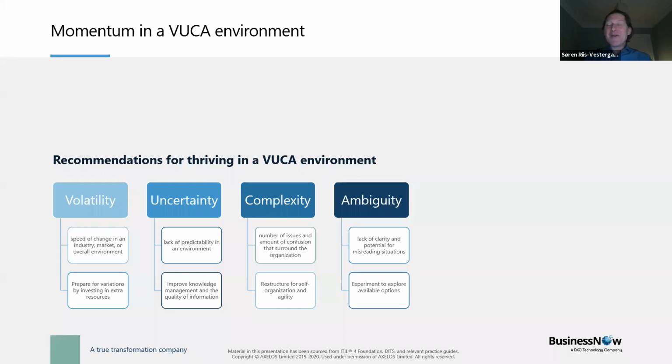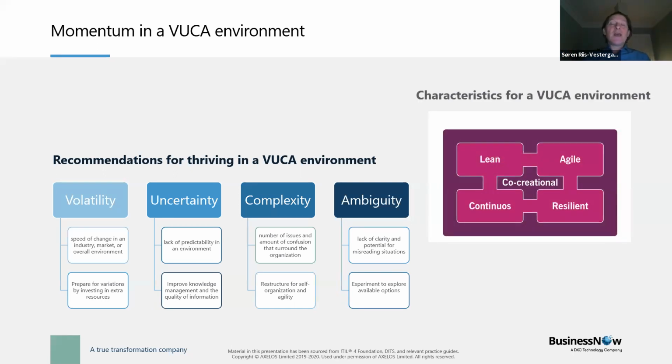So we're dealing with a high degree of uncertainty and complexity, meaning that the number of moving parts is constantly growing. And ambiguity means that it's difficult to interpret whatever we are sensing and knowing how to make sense of that. And in order to deal with these qualities, ITIL recommends that we as an organization move in the direction of more lean and agile ways of working.